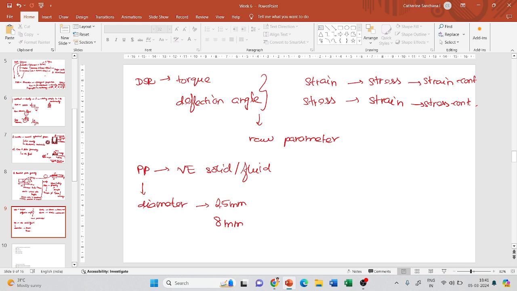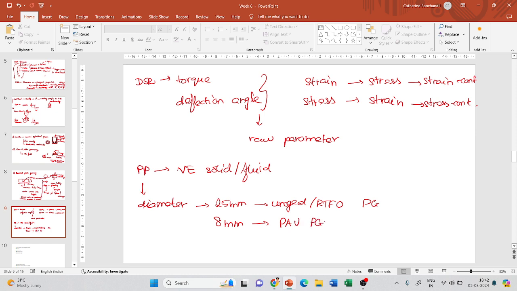Predominantly we use these two kinds. If you read ASTM D7175, they mention that you have to go with the 25 geometry for an unaged or RTFO aged PG and the 8 geometry for a PAV PG.